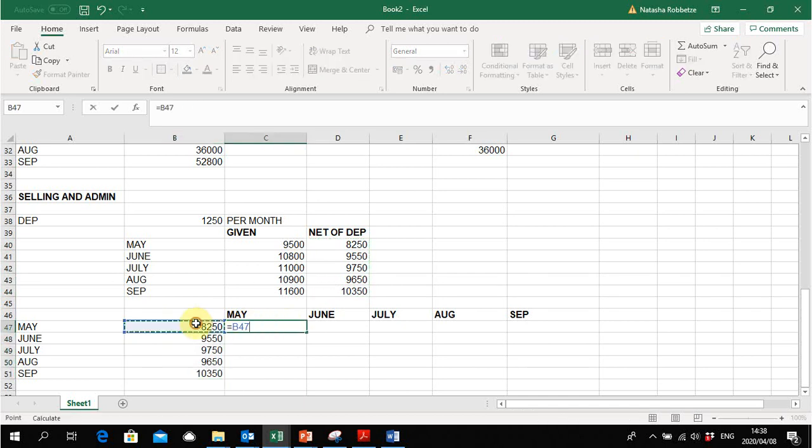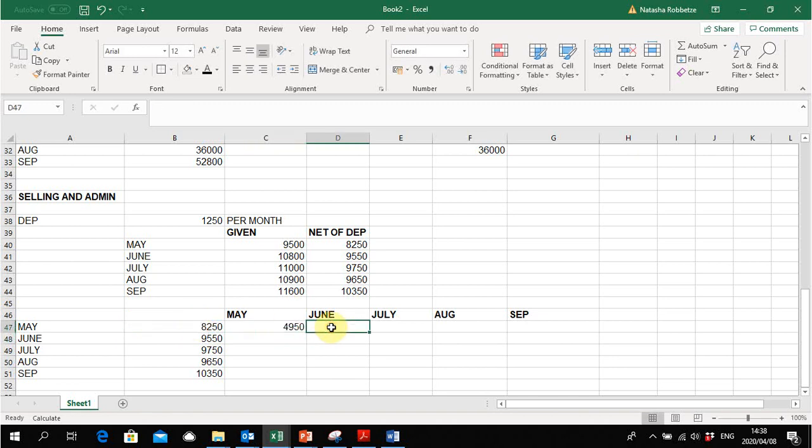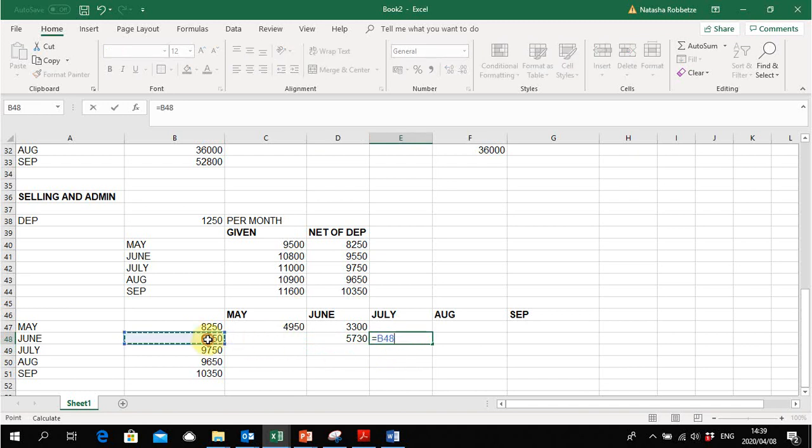In May, we will pay 60% in the month, and the remaining 40% in the month after. In June, we will pay 60%, and then the remaining in July.